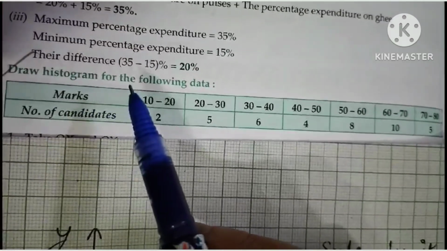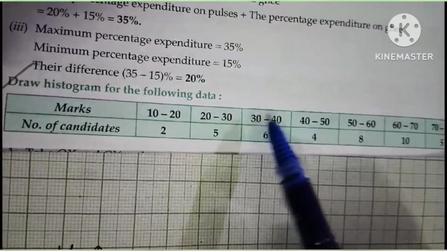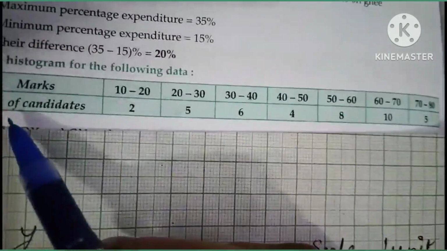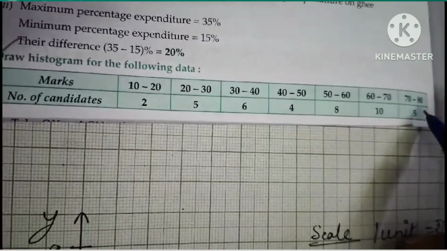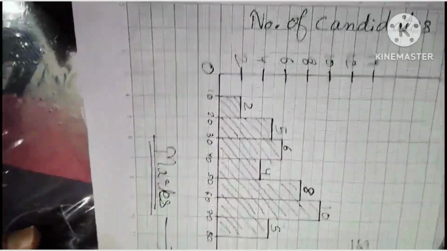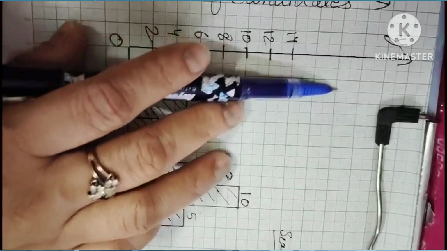Next is: draw a histogram for the following data. Marks 10 to 20, 20 to 30, 30 to 40, 40 to 50, 50 to 60, 60 to 70 and 70 to 80. And the number of candidates are 2, 5, 6, 4, 8, 10 and 5. Take OX as the horizontal axis and OY as the vertical axis.